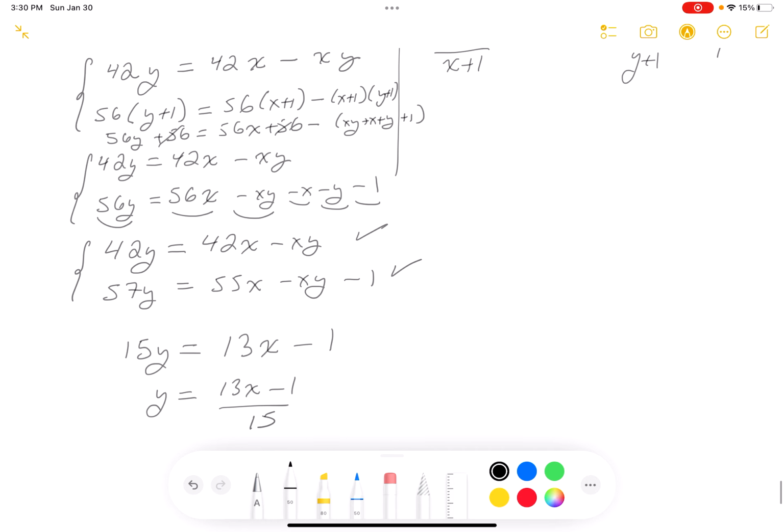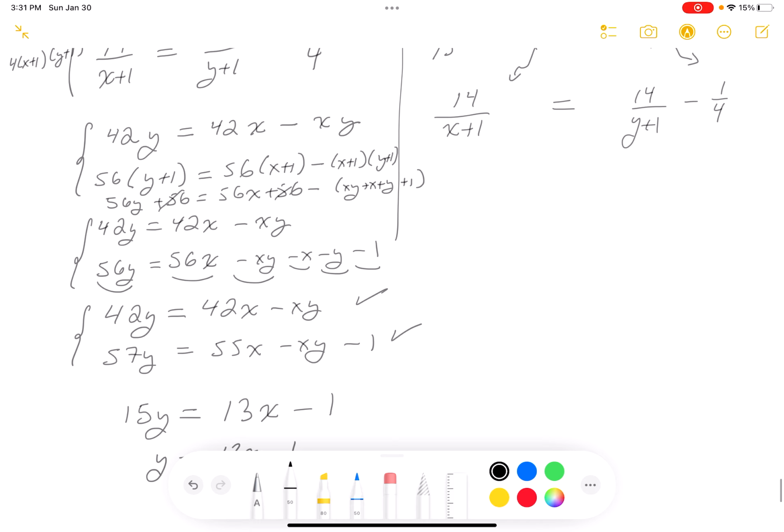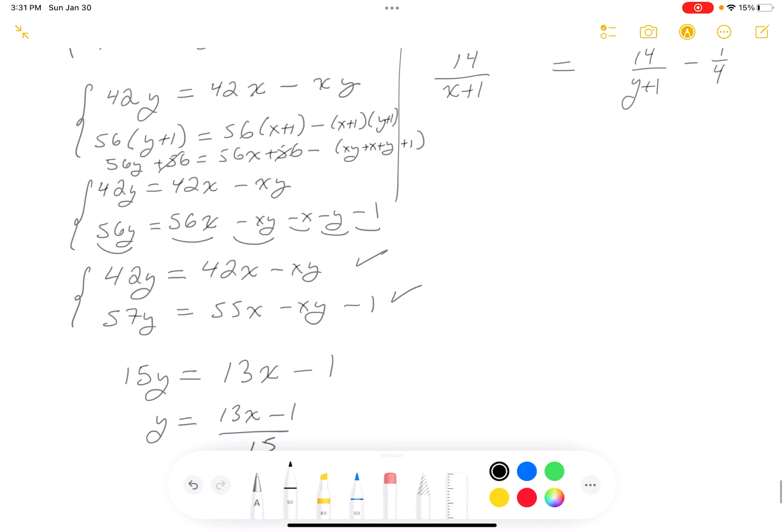Well, let's go back. And I guess I could plug it in somewhere. I'm kind of looking around where to plug it in to make my life easy. And I'm going to say maybe this one.